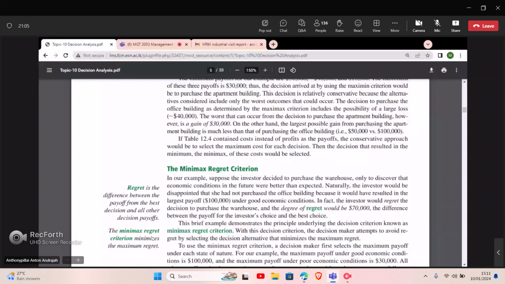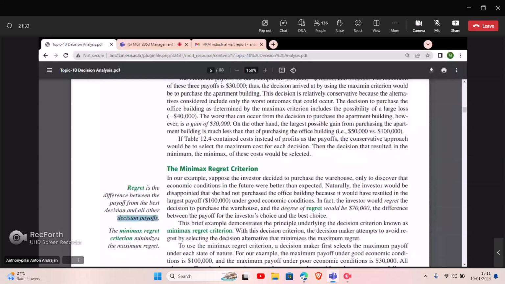Okay. Then the minimax regret criterion. This is our third one. Regret is the difference between the payoff from the best decision and all other decisions. Be careful, the technical term is called regret.